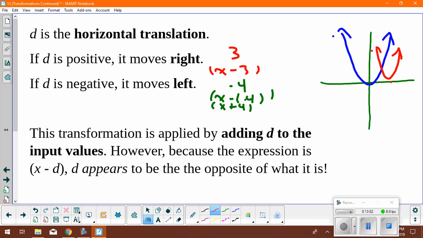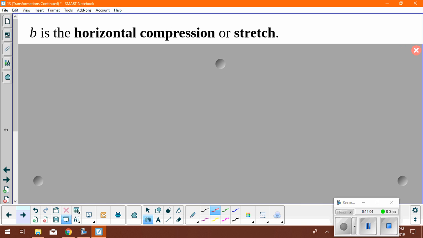Okay, so the new one, the horizontal compression, that is also a little bit counterintuitive to what you think it might mean. The value of b is the horizontal compression or stretch.